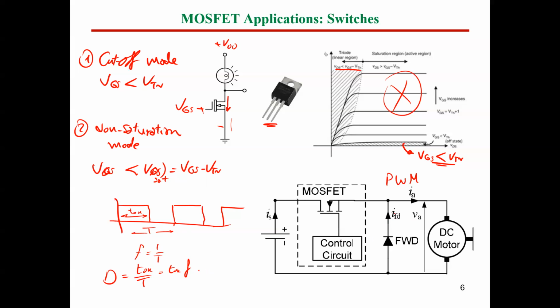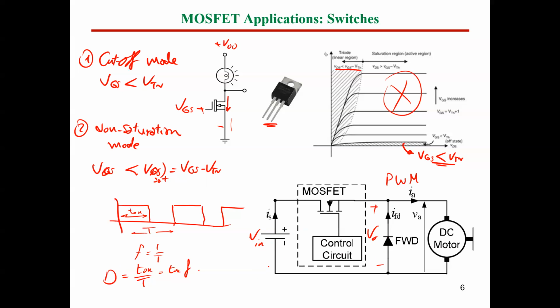The output volt of this circuit, which is going to be between these two terminals, okay, so this is the input and this is the output. The output volt between these two terminals will depend on the average value of the signal, which is nothing but D times Vin.